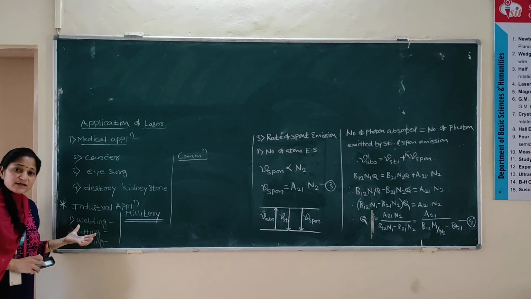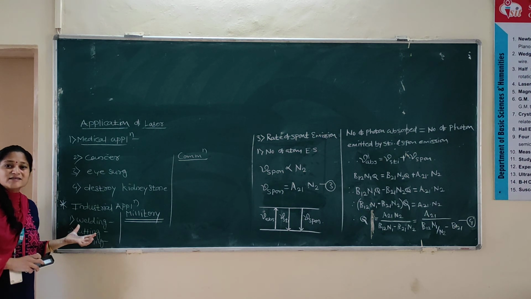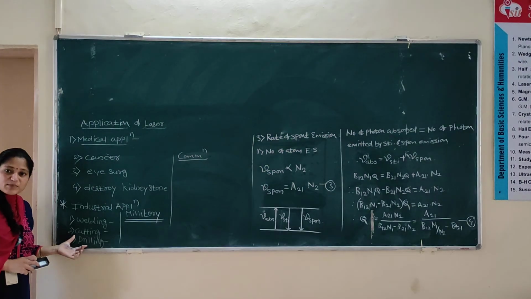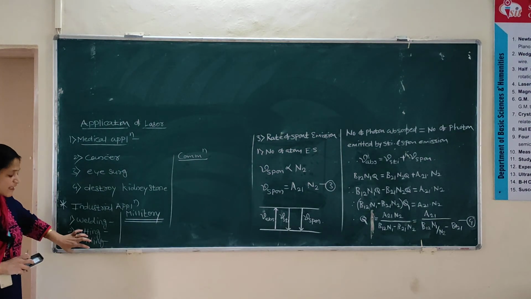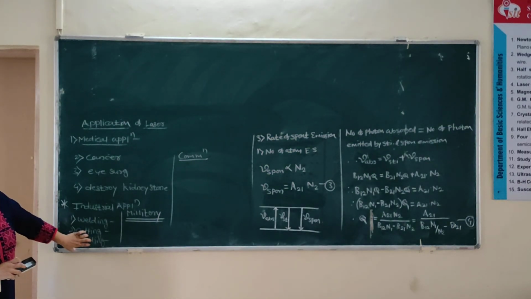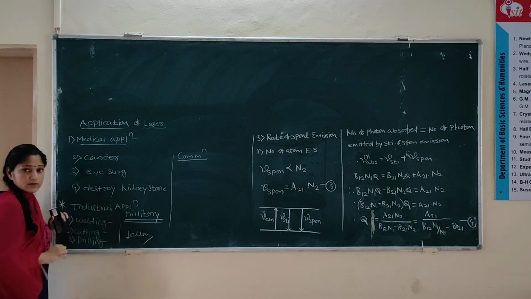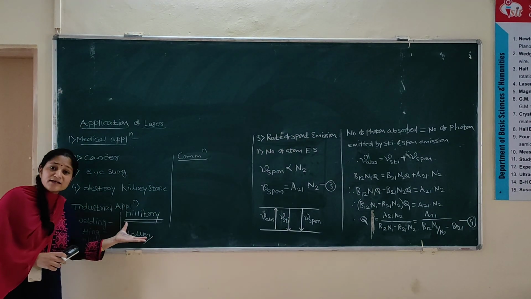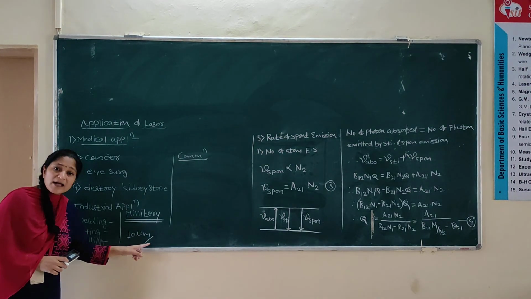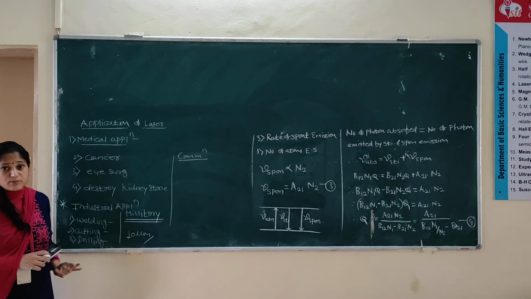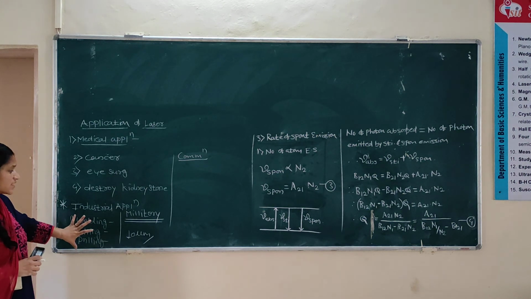The laser can cut very hard and thick metal sheets. Third industrial application is drilling. The laser can drill a hole of 10 micron diameter through a very hard substance like a diamond. This is the industrial application.